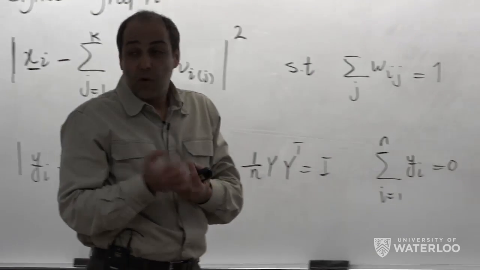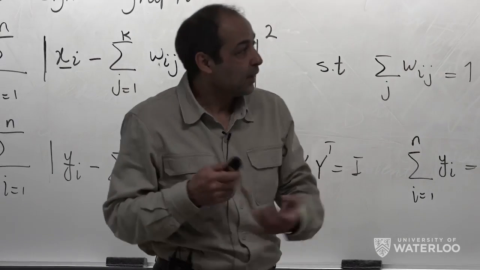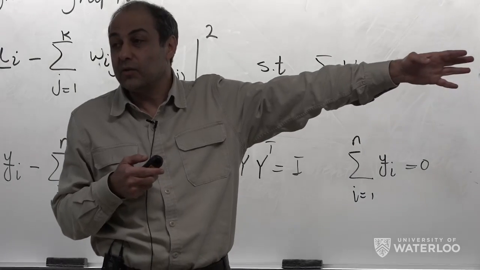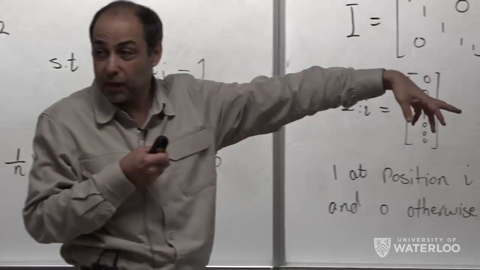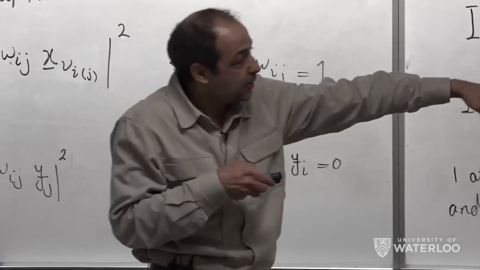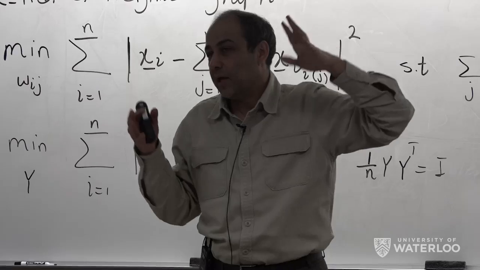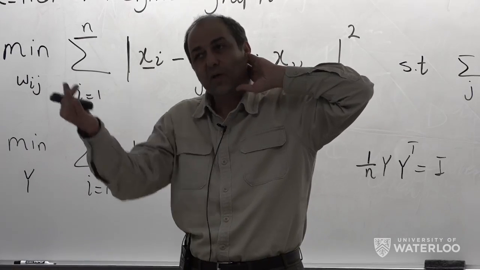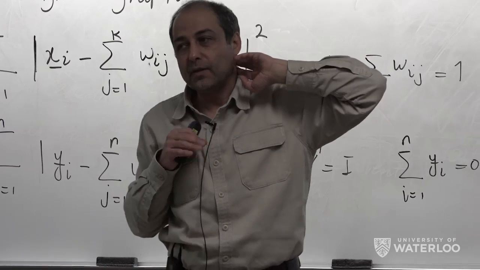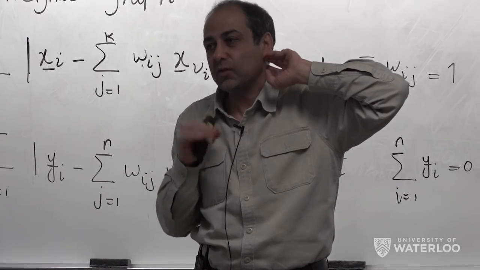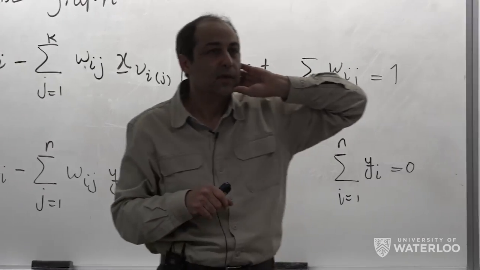If I show you a point that was not among the n points that you observed, you don't have any direct way to map it to the low-dimensional space because you have to go through the whole process again. Everything is based on the decomposition of M, which is n by n. Now I have point n plus 1, which I haven't observed before. What should I do with this? There is no direct and exact solution to this. There are approximations, but not an exact solution.